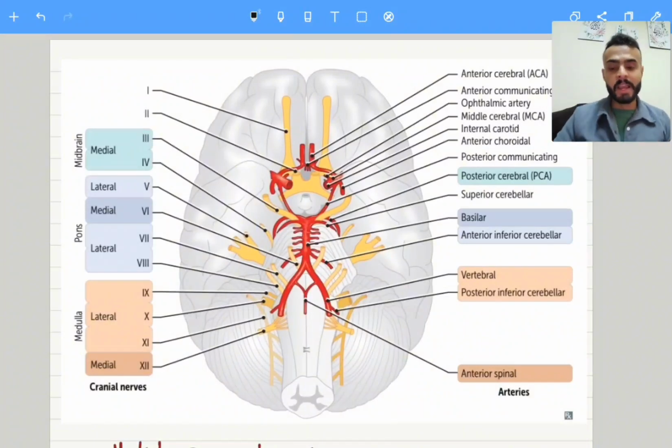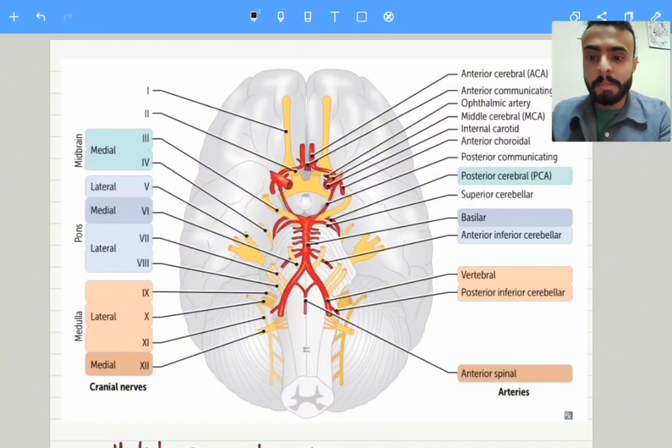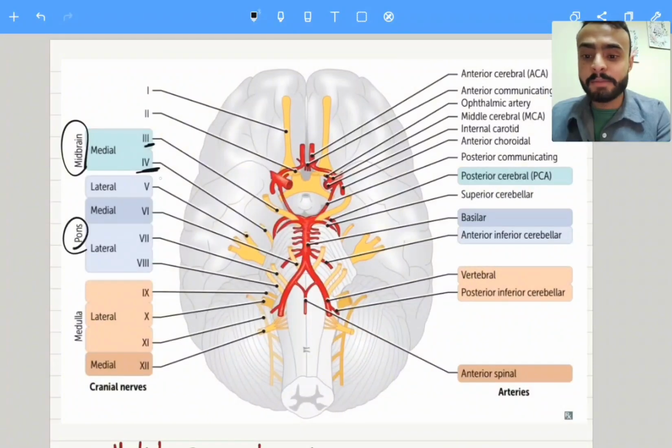This is cerebellum. What about brainstem? Mainly it has our cranial nerves from 3 to 12, arranged like this. Midbrain has 2 nerves, 3 and 4. Pons has 5, 6, 7, 8. Medulla 9, 10, 11, 12.